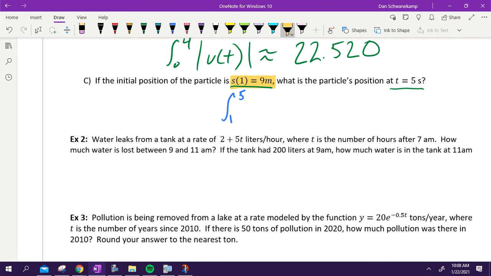Even though it doesn't say it's at 0, who cares that it's not at 0? That's my start. My start is a position of 9 at t equals 1. I take that number and add it to the change from 1 to 5 of v of t dt, and that's all equal to my ending position.